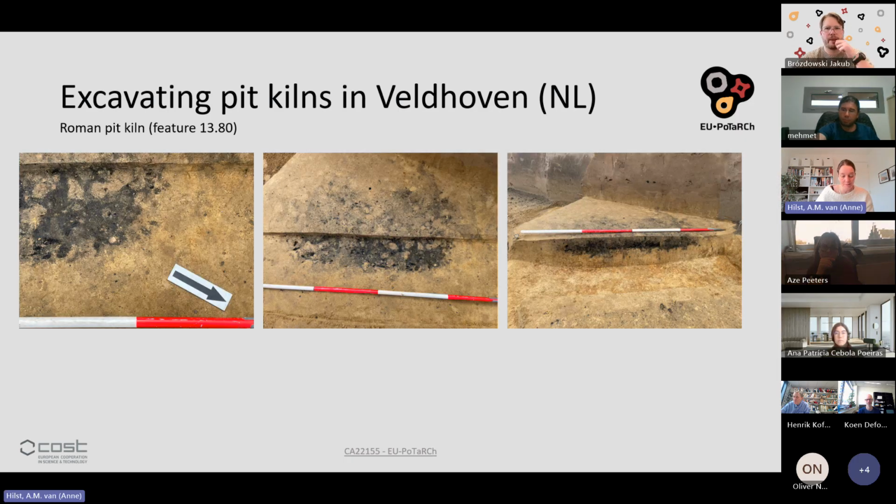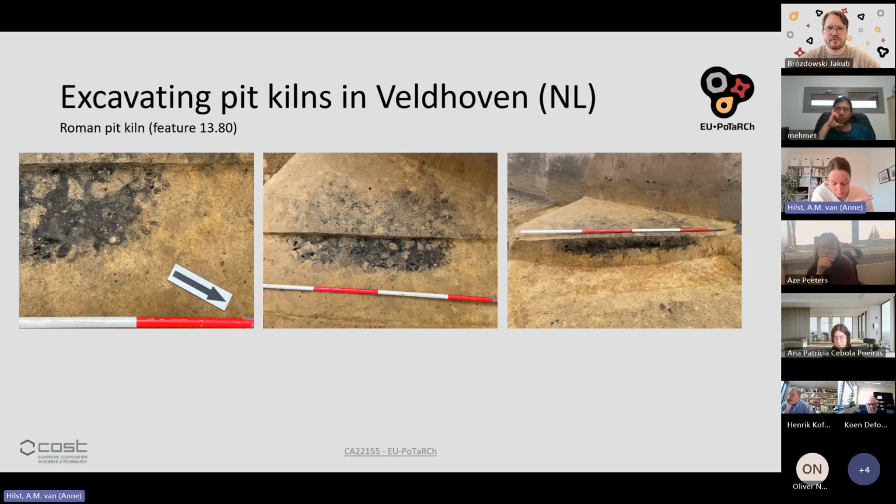And these 3 photos show the same feature. And in the close-up, I hope you can see it, already shows large fragments of charcoal visible in the feature fill. And in the middle photo, the shape becomes clearer as we deepen the section and enter this charcoal-rich layer.